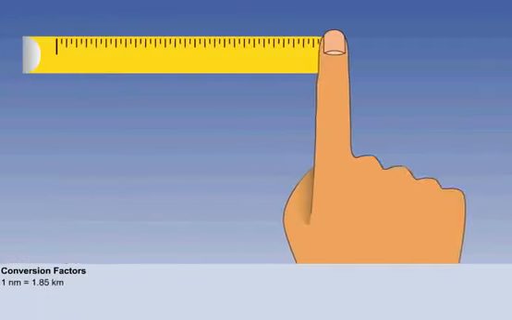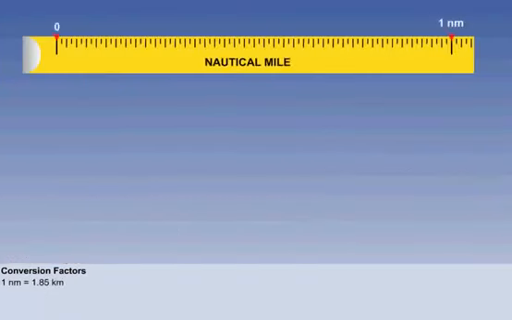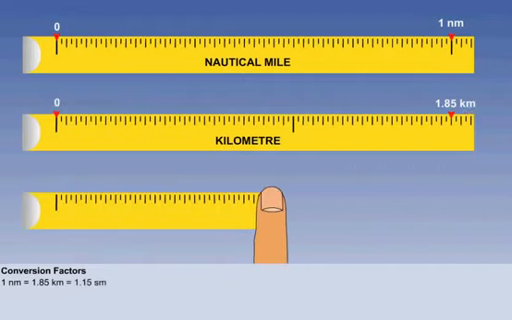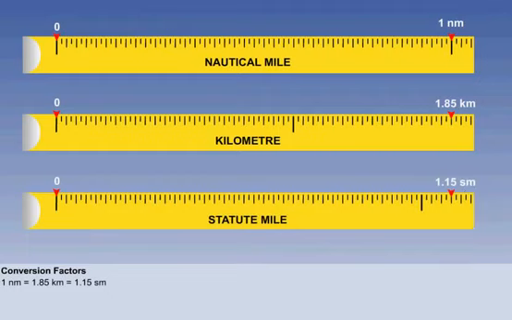We have proved that 1 nautical mile is approximately equivalent to 1.85 kilometres. 1 nautical mile is also the equivalent of 1.15 statute miles. These conversion factors for the nautical mile are important and should be memorized.